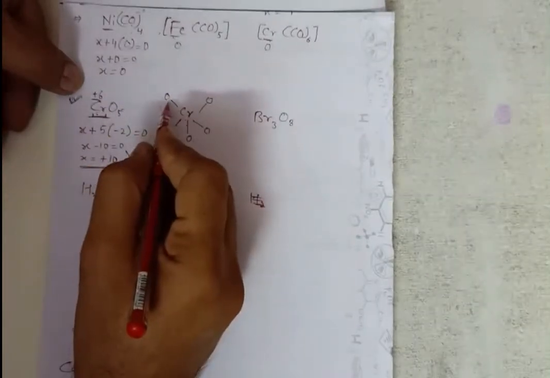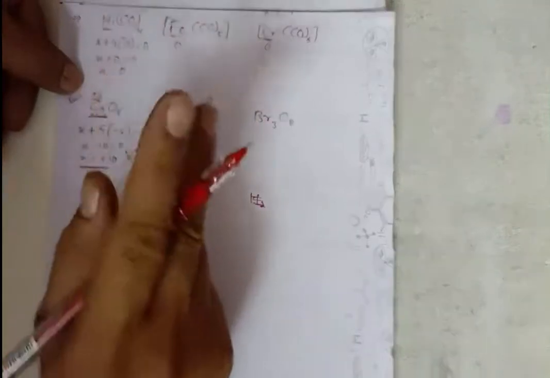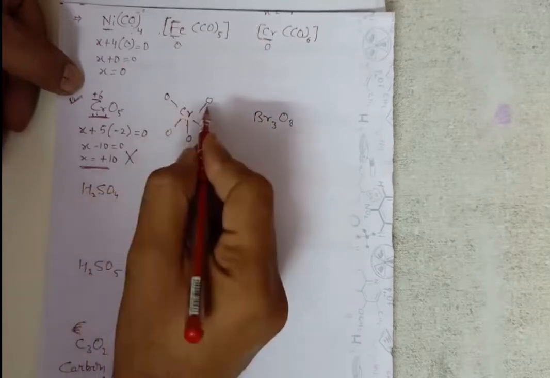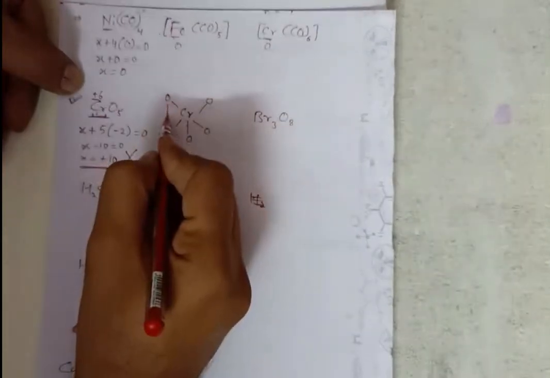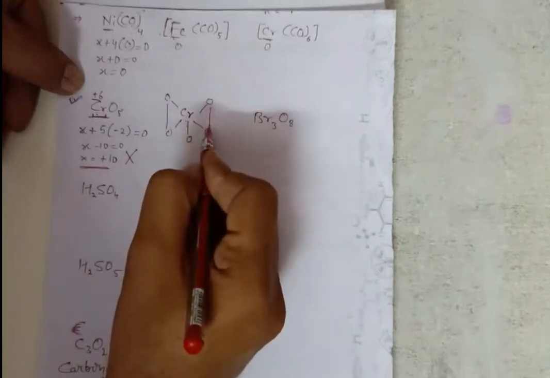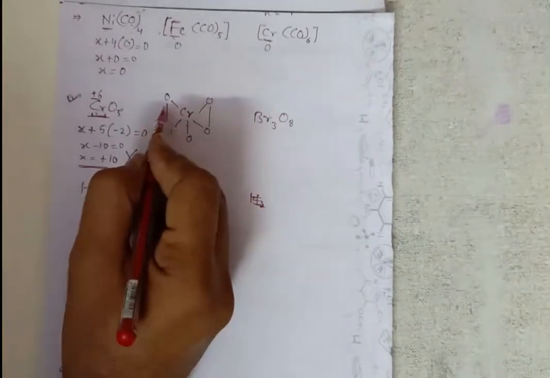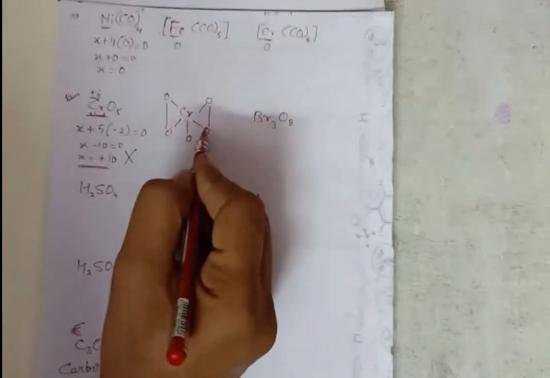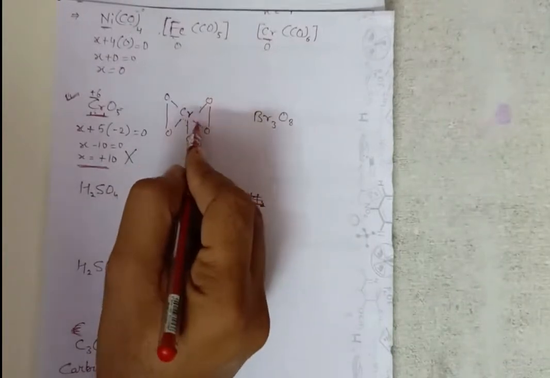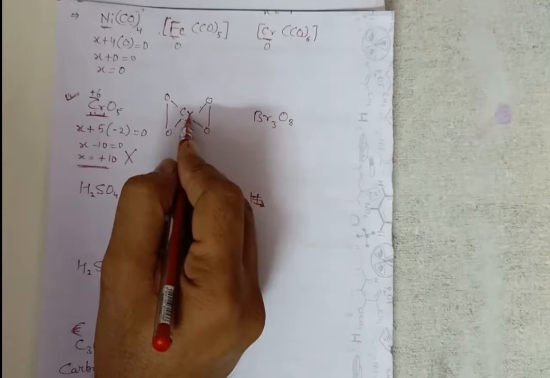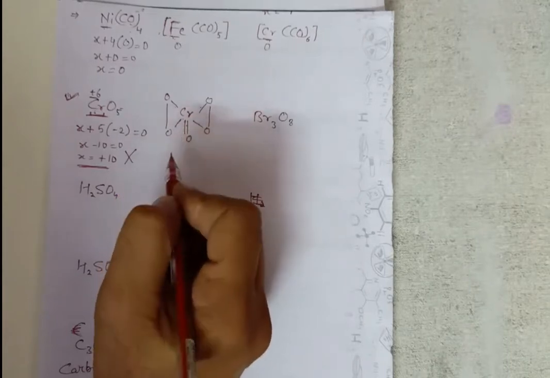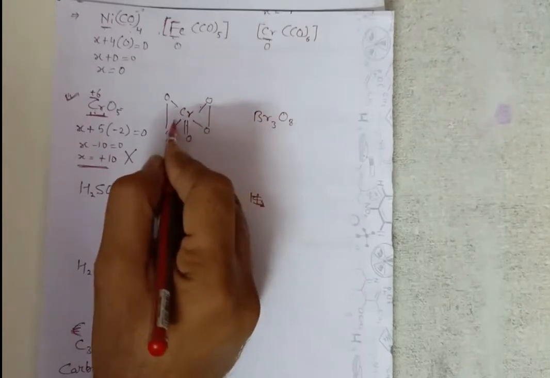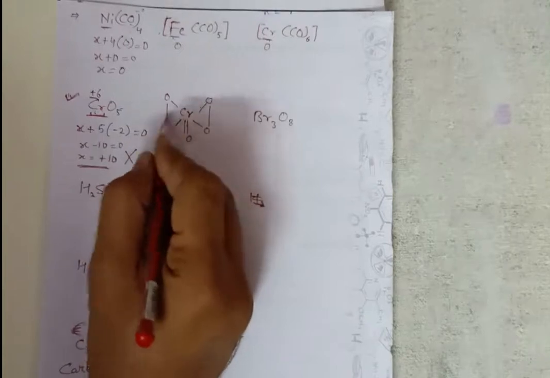But oxygen forms at least 2 bonds. Students, how many bonds? 2 bonds. But here oxygen has only 1 bond. This one 1, this one also 1. If I write 1 bond here and I write 1 bond here, then oxygen is satisfied, meaning oxygen got 2 bonds. This one is also satisfied, it got 2 bonds. This one 2 bonds, this one 2 bonds. Okay, what about chromium? 1 2 3 4 5. 1 bond is remaining. So I write 1 bond here. Now this oxygen also has 2 bonds, and chromium has the maximum 6 bonds. So this is the structure of chromium pentaoxide.